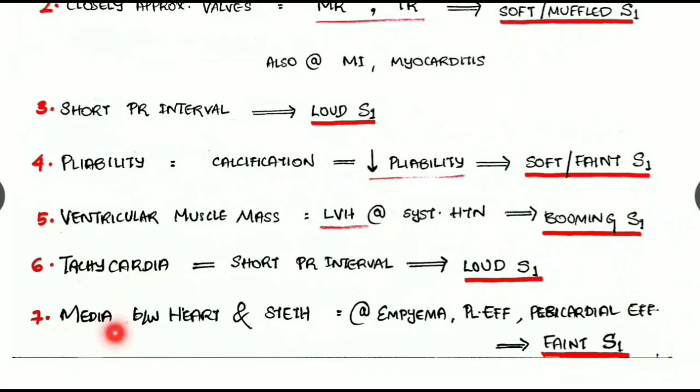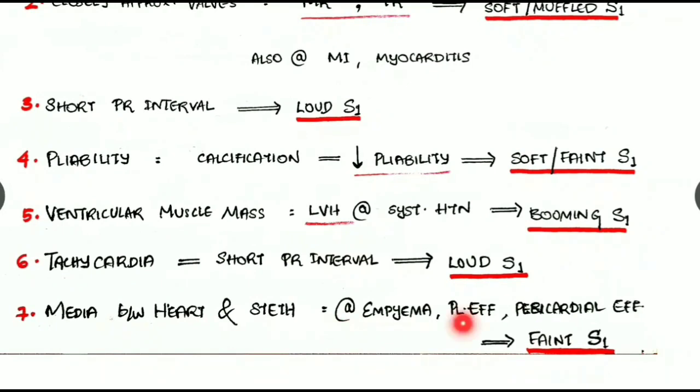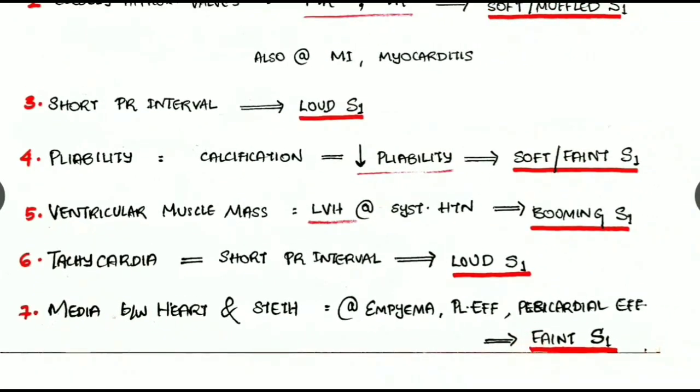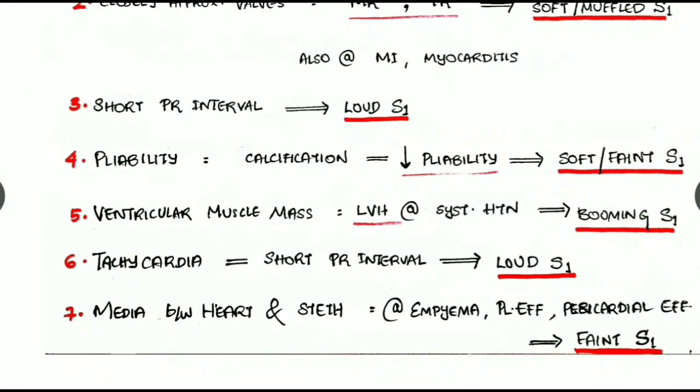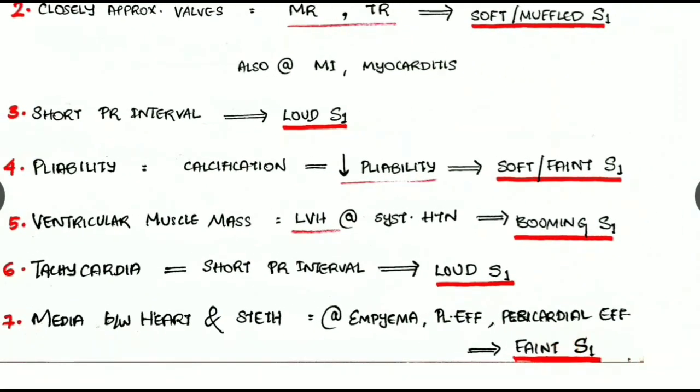Next, a very important thing: the media between the heart and the stethoscope. In empyema thoracis, pleural effusion, or pericardial effusion, the S1 heart sound is faint, as there is an obstruction between the heart and the stethoscope, so the heart sound you hear is much fainter.